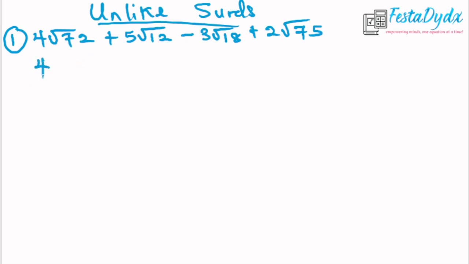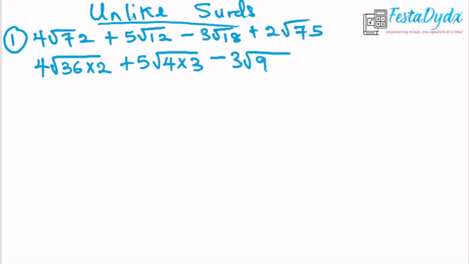So this is 4 root 72. When we break it down, we'll be having 36 times 2. 36 is a perfect square and 2 is a simple number, plus 5 under root 12, we'll get 4 times 3. Then we'll have minus 3. For 18, we'll have 9 times 2 plus 2.